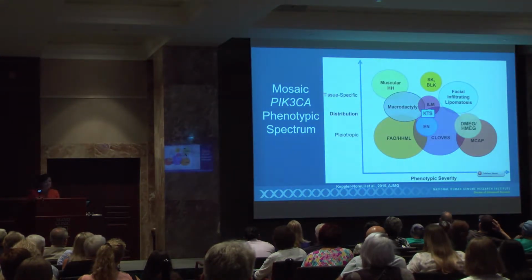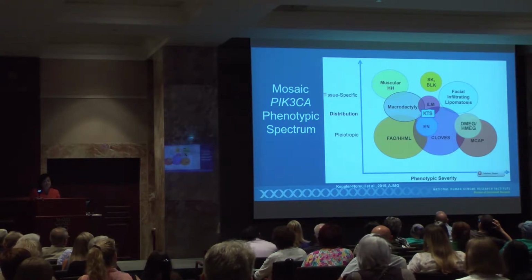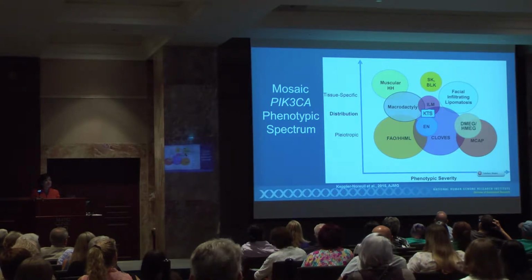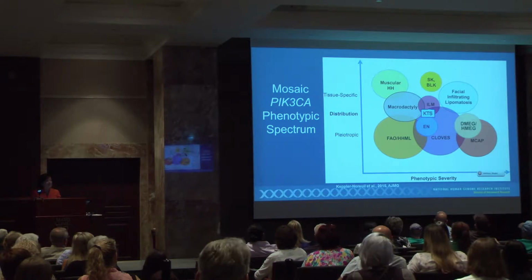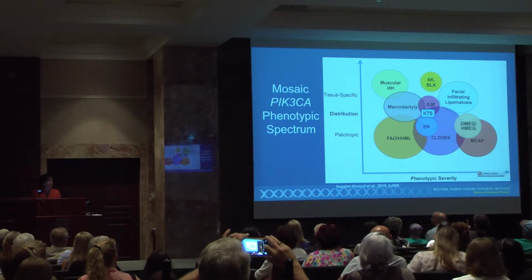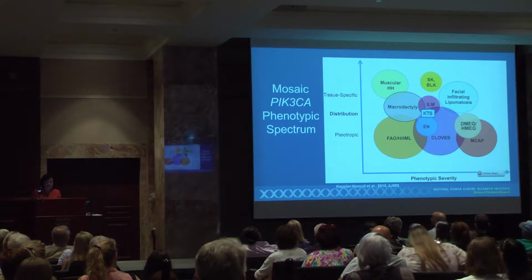So this is a Venn diagram that illustrates the distinct yet overlapping phenotypes, or clinical pictures, that we see with people who have these mosaic mutations in PIK3CA. And I'm sure this will change. This was developed, as I'll talk about, in an NIH workshop that we did a few years ago.